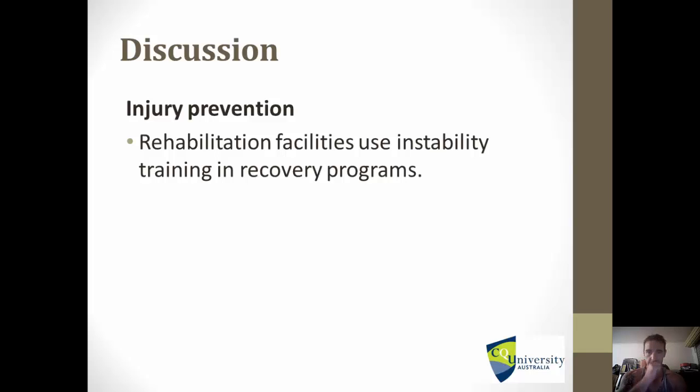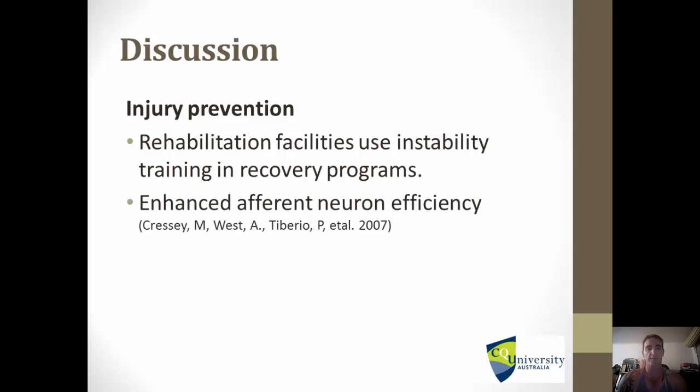Okay, so as I said before, rehabilitation facilities very commonly use instability exercises in their patient recovery programs to help strengthen the synergist muscles of the lower leg and antagonist muscles. They believe that it enhances afferent neuron efficiency.